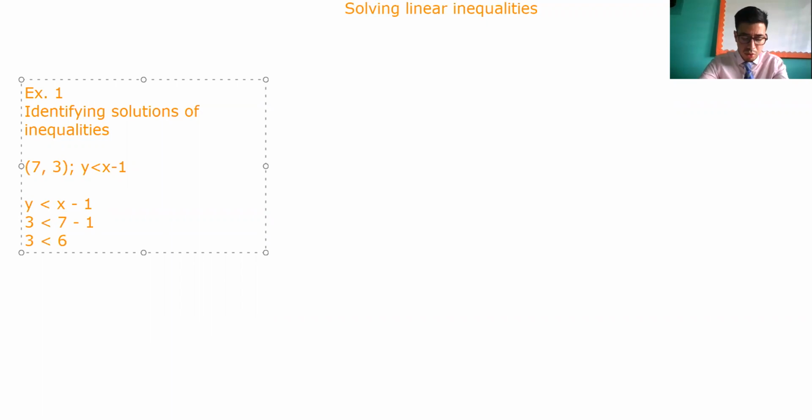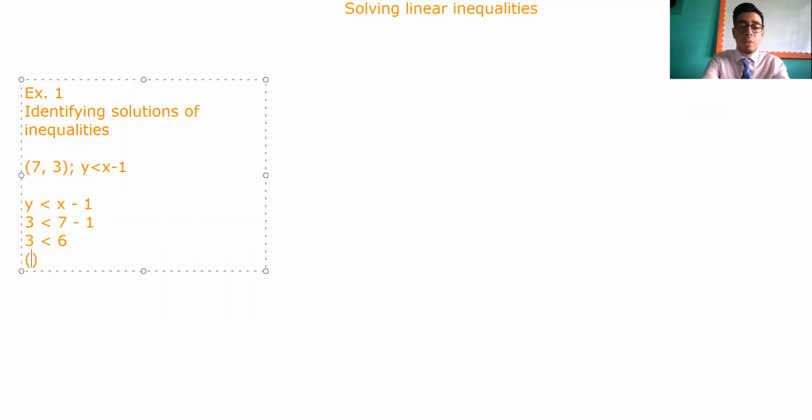So that's what you prove. You can say that this is correct. So we can say, like in the system of equations, that the ordered pair 7, 3 is a solution. Remember that after we try the values in the inequality, we need to say if it's a solution for the inequality or not.